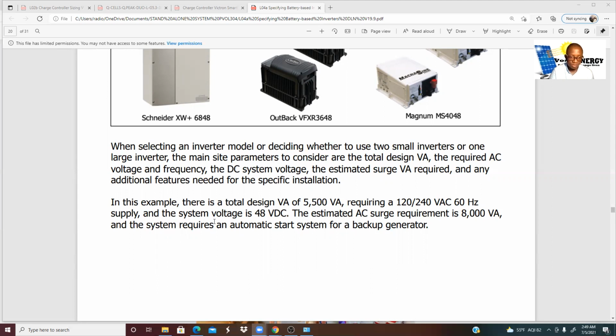Now, in this example, there is a total design VA of 5,500. Okay, we agree. With a requirement for a 120 to 240 volt 60 hertz supply, and the system voltage is 48 volt. The estimated AC surge requirement is 8,000 VA, and the system requires an automatic start system for a backup generator. All right.